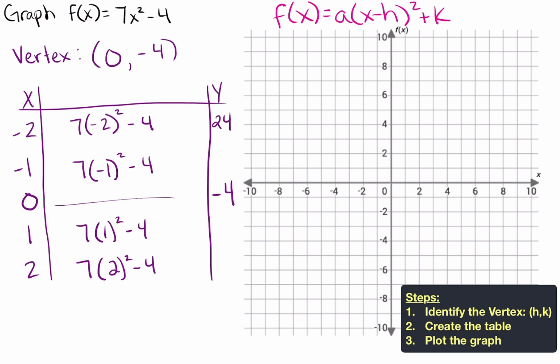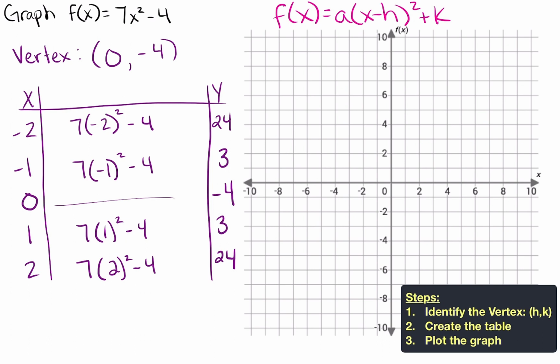Then for -1, we get 3. And then we get 3 again for the 1 value under the -4. And then we round out with a 24 again. And there's our completed table, and now we can move on to step 3, which is to plot our graph.